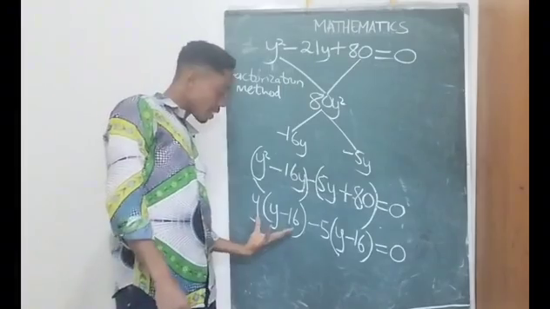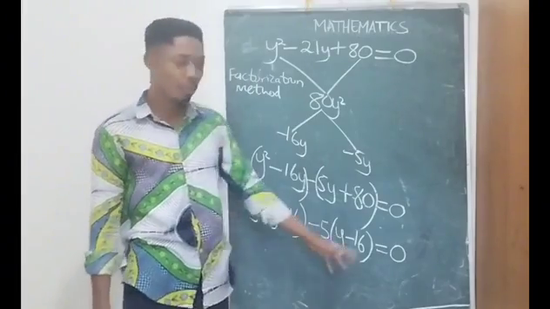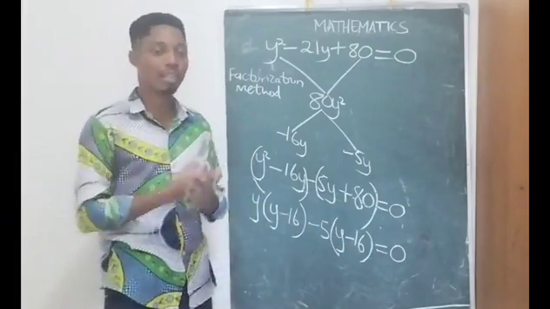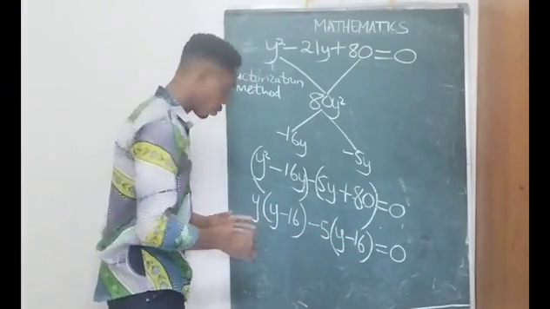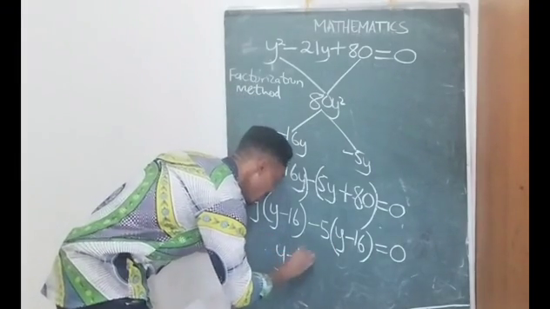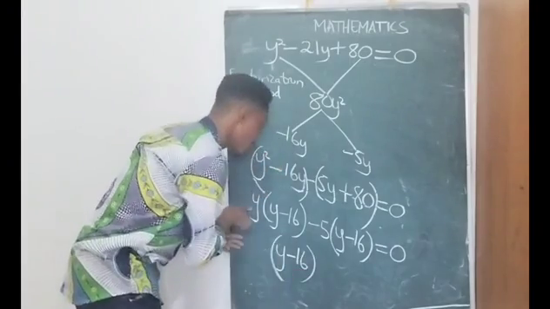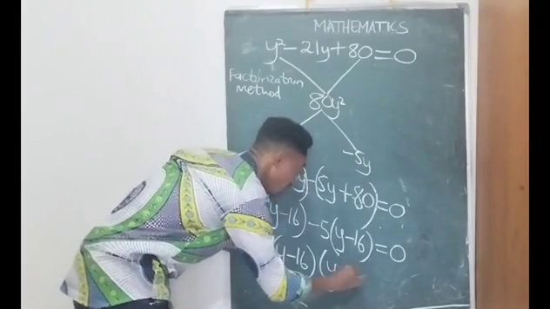So you can see that in these two factorized terms, y minus 16 repeats itself. So we will factorize again. That becomes the highest common factor. So taking that, because it's common, this is y minus 16, and the terms outside go into y minus 5.